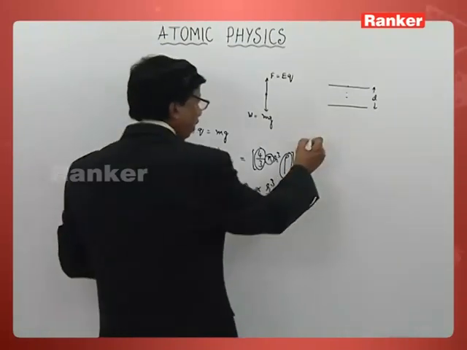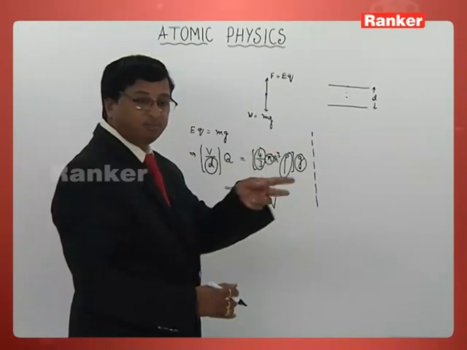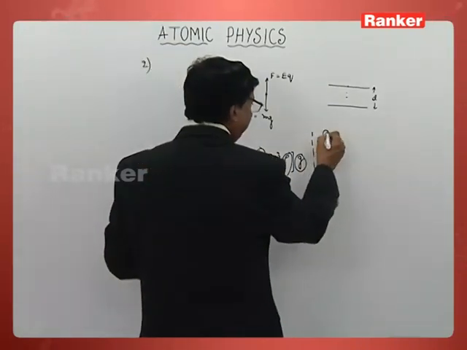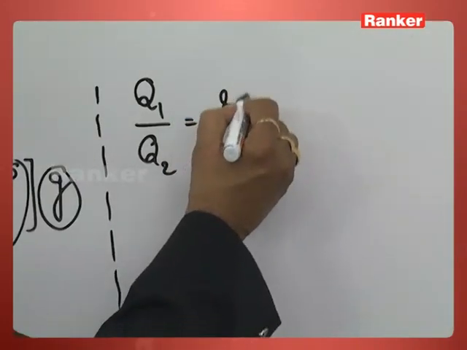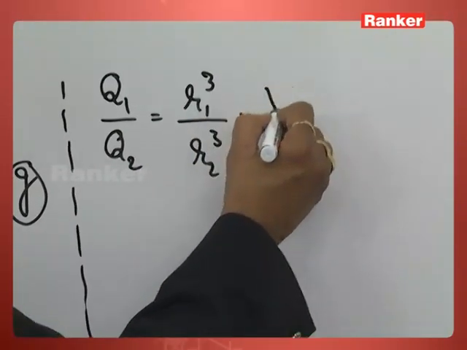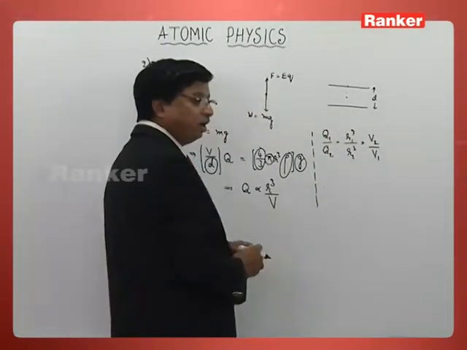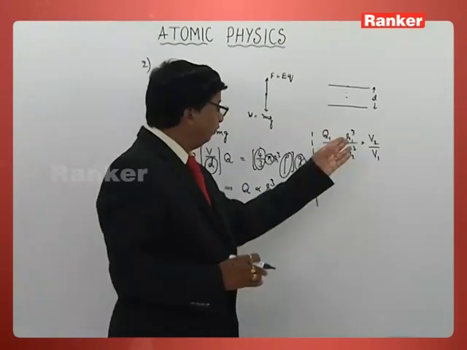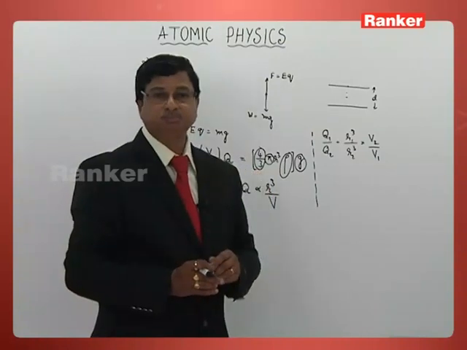Now, when you are comparing the charges on two different droplets, how to rewrite this formula is known to you all. I can write q1 by q2 is equal to r1 cube by r2 cube into v2 by v1. r1 and r2 are their respective radii. And of course, v1 and v2 are the potential differences applied across the same system.